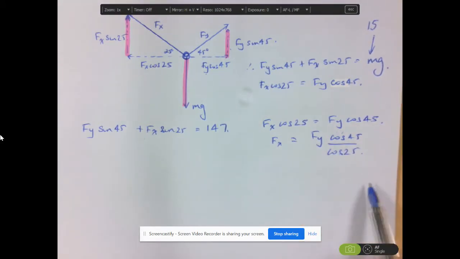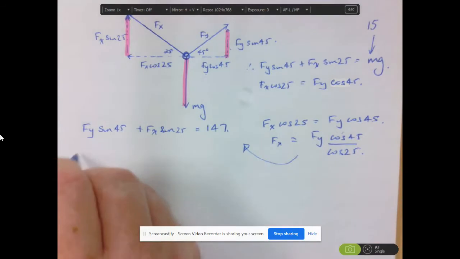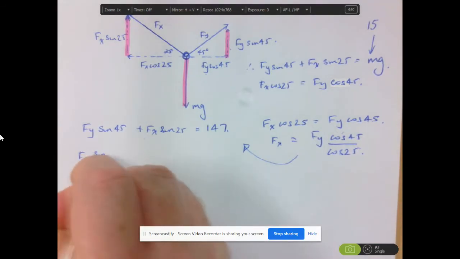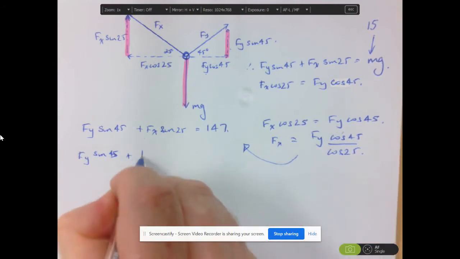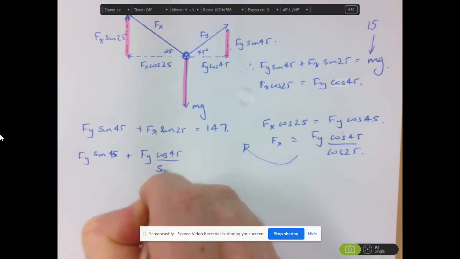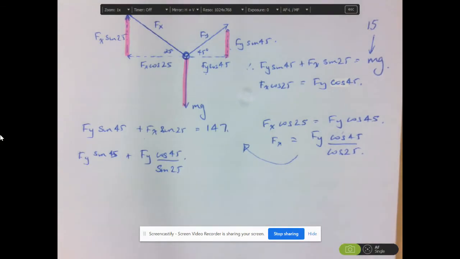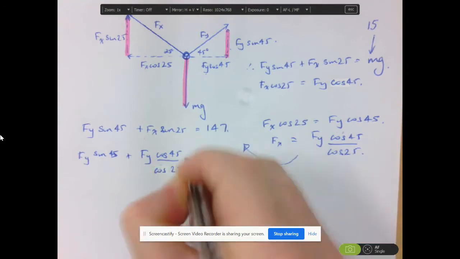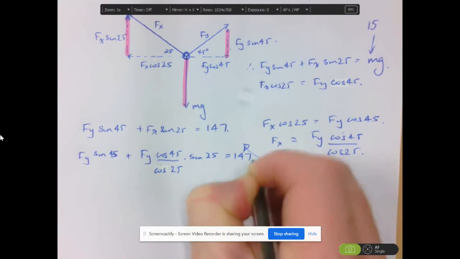So just making an expression for Fx, we've got that. Putting this now over here, you get Fy sine 45 plus, now instead of Fx, it is Fy cos 45 on cos 25, multiplied by sine 25, and that equals 147.